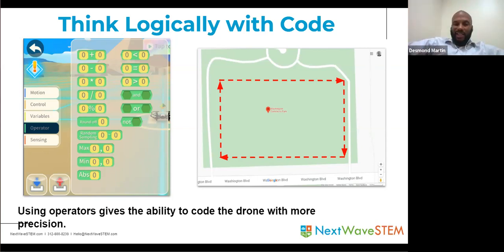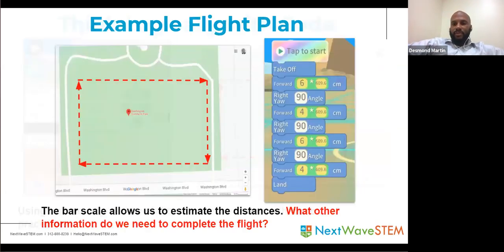So as we're thinking logically with the code, we have the ability to really dial in and get precise with where we want the drone to fly, even in our simulation and with our drones connected in the real world as well. For example, in our actual park that we've been able to manually change or measure with our bar scale, what we've seen is this ability now to really get in depth with our operators.